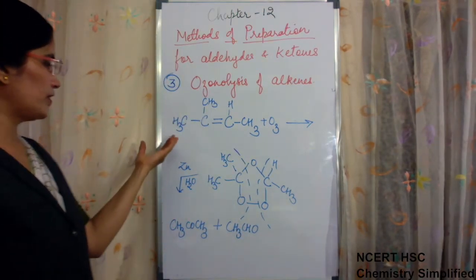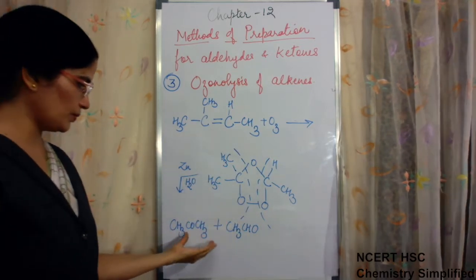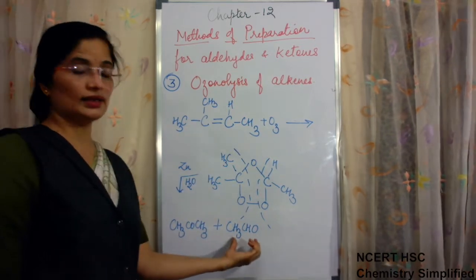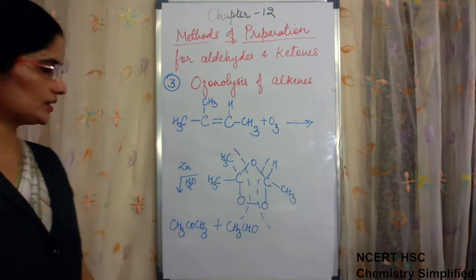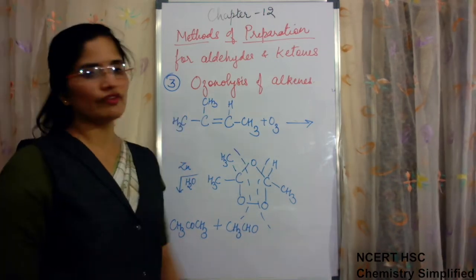So when we started with this alkene, two products we got. One is a ketone and the other is acetaldehyde. So this is ozonolysis of alkenes.